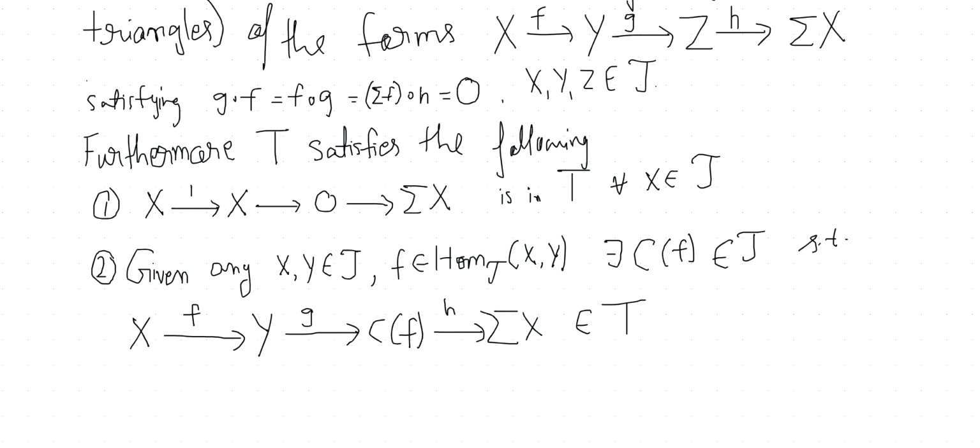So any diagram which satisfies this composition thing, you can call it a pre-triangle. And those which are designated to be in T, we call triangles.